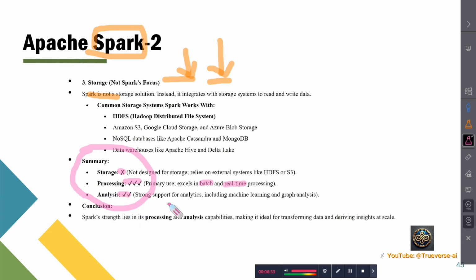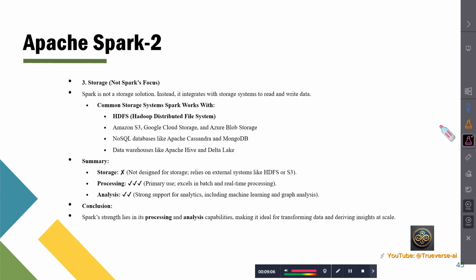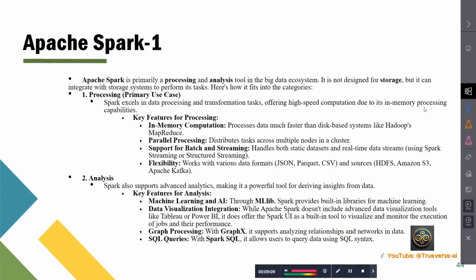And second, it supports many deep insight detections, like when we have some wisdom and want to come to some pattern, then we use the analysis. Storage is not desired. So this relies on Hadoop, like HDFS format, or Amazon S3. So let's go back to the previous slide.